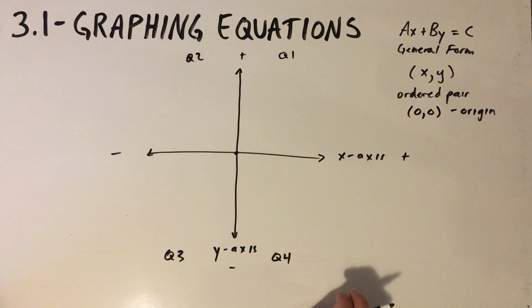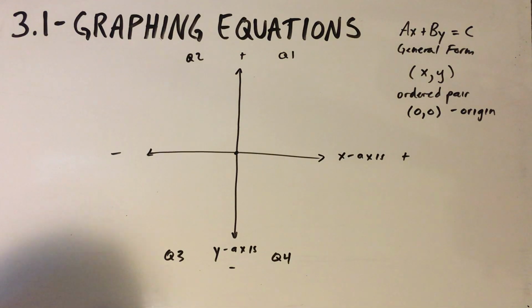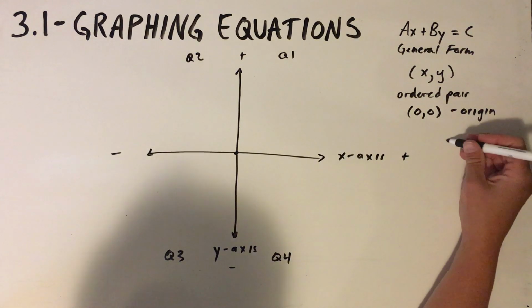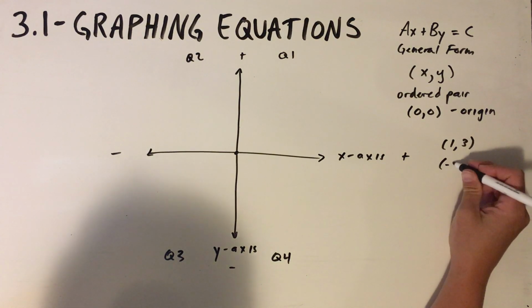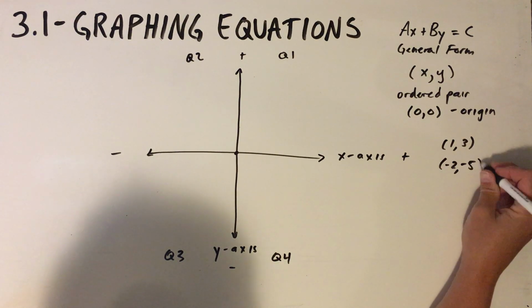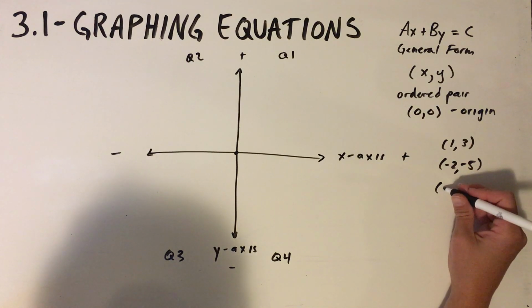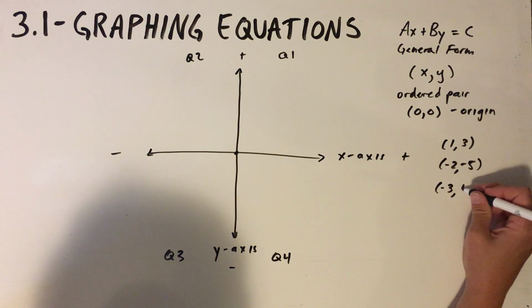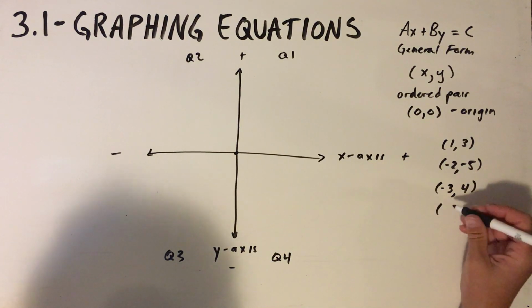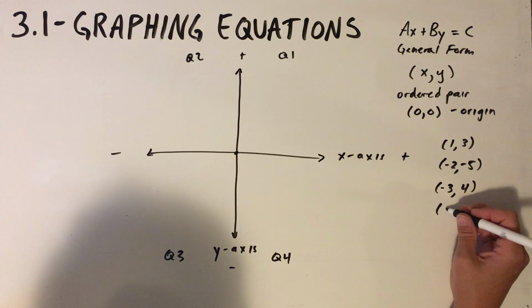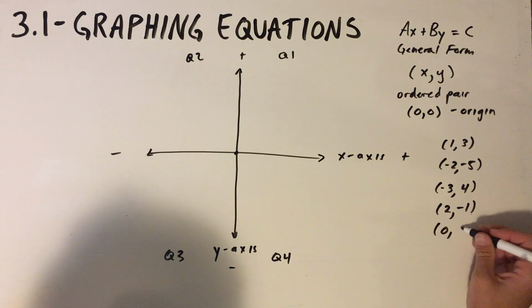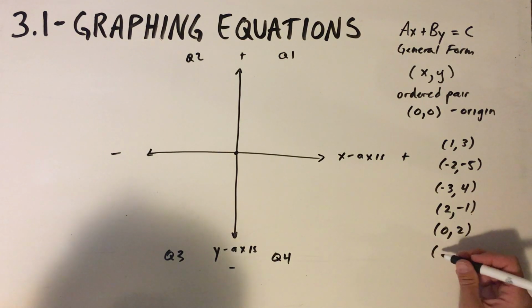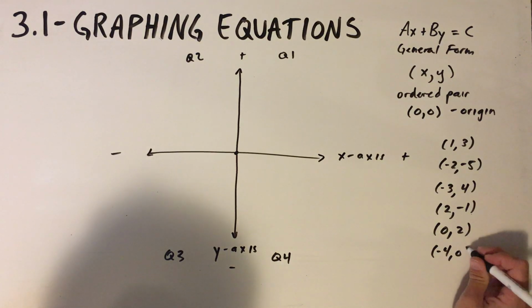And this is a real quick review. What I want to do is plot a bunch of points. So let's plot the points 1, 3, negative 2, negative 5, negative 3, 4, 2, negative 1, 0, 2, and negative 4, 0.